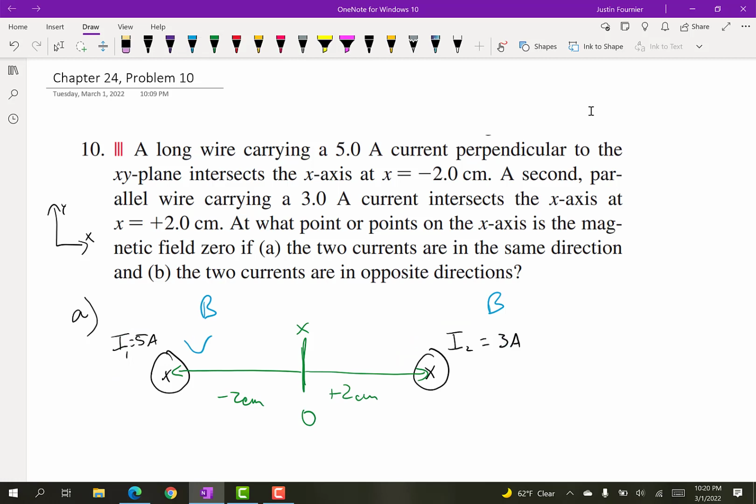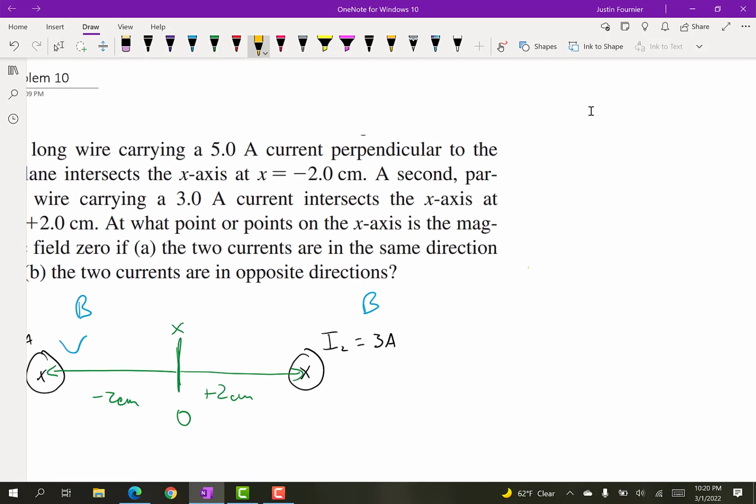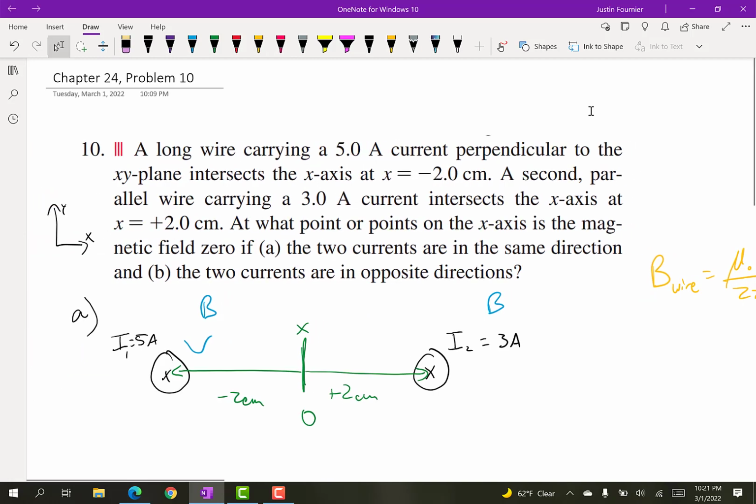And the place where they cancel would probably be closer to the 3 amp current, because the magnetic field from a wire is mu naught I over 2 pi r. So the bigger the current, the more distance you need in order to get the same magnetic field. That's kind of the big idea there.